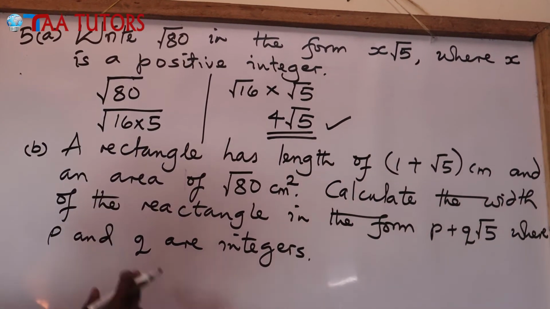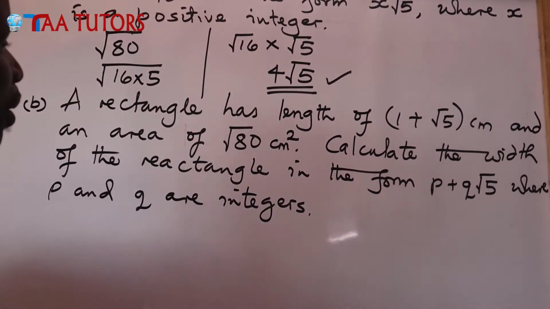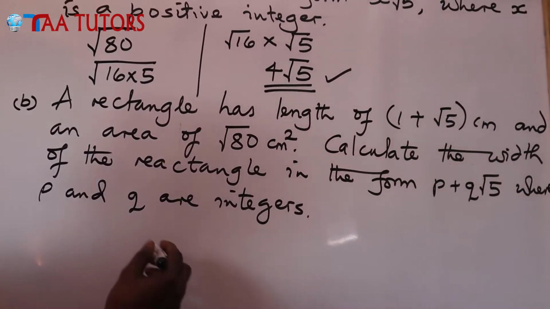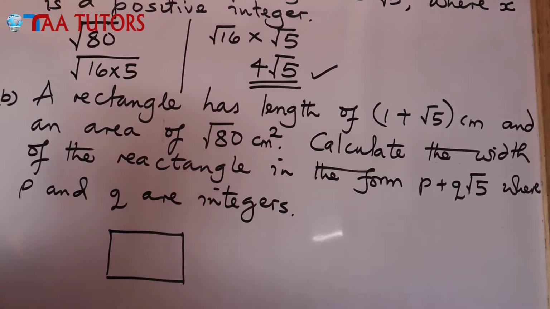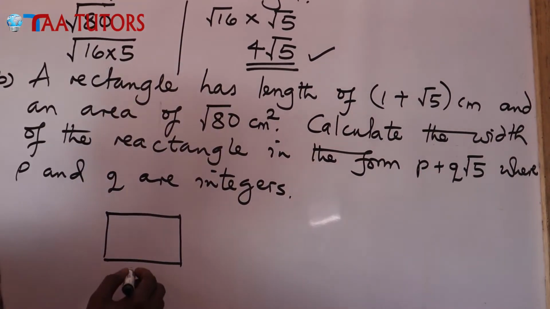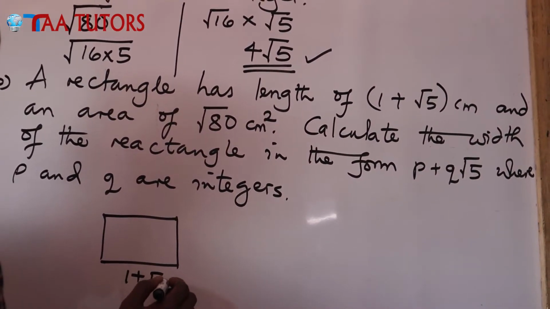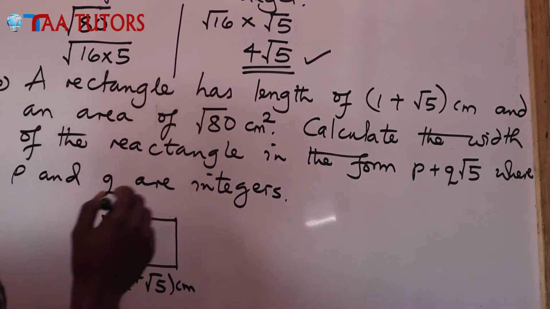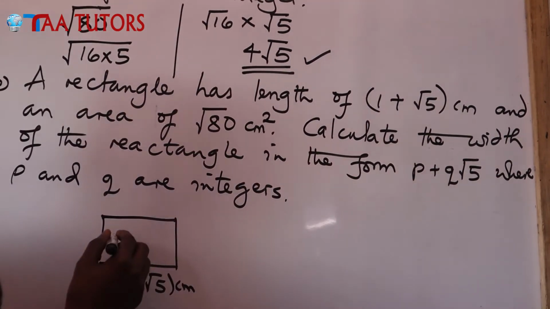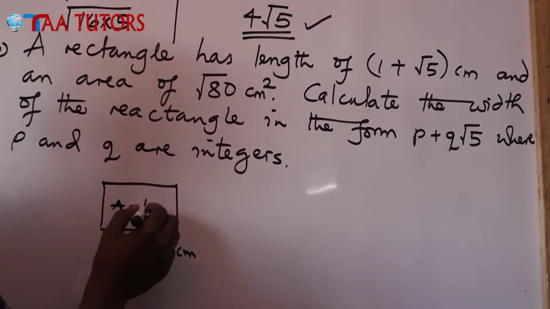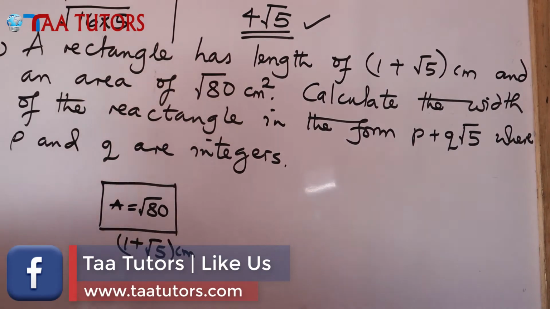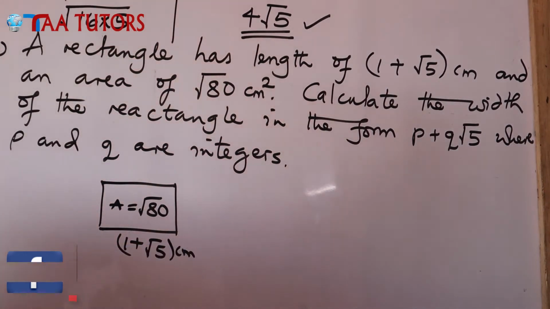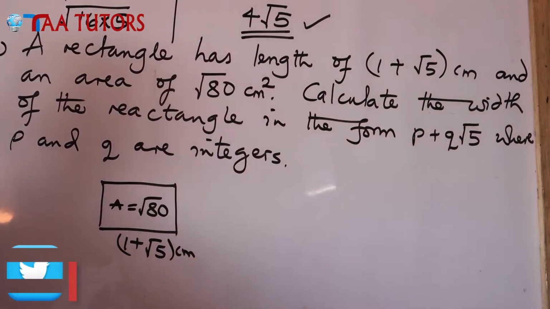The second question, we are told a rectangle has a length of 1 plus surd 5. This is the rectangle. The length is 1 plus surd 5 centimeters. And the area here is surd 80. But we also know that surd 80 is 4 surd 5. So calculate the width of the rectangle in the form P plus Q surd 5, where P and Q are integers.